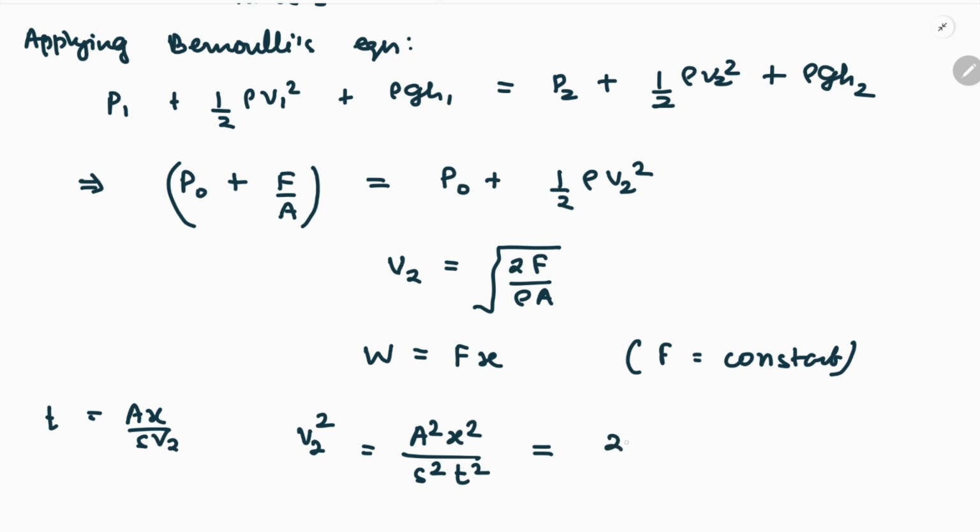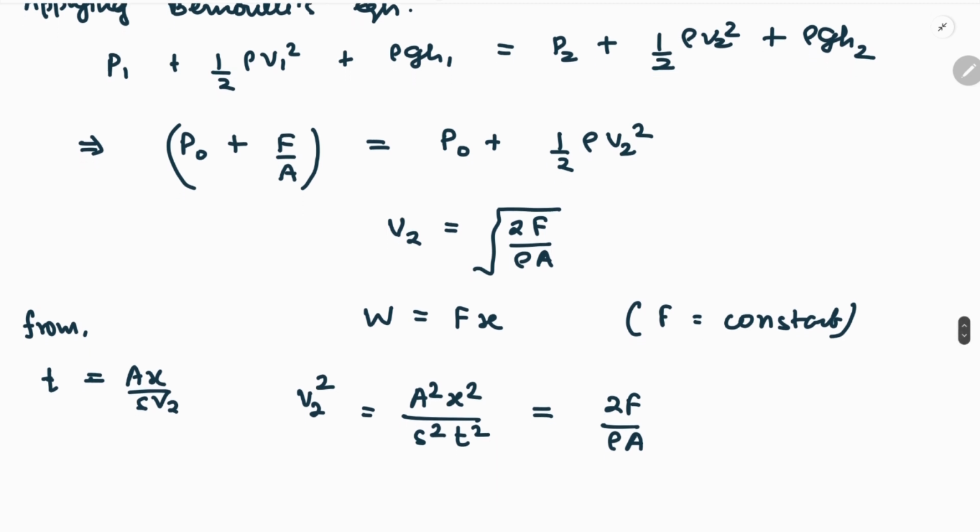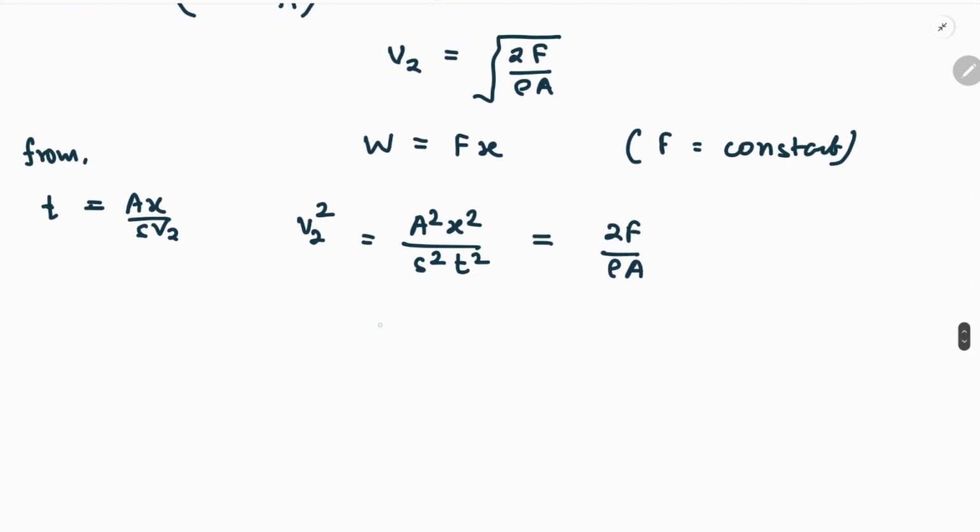So this can be written as 2F by rho A. From T equals AX by S V2, we can write V2, and then squaring V2 we obtain this expression, and hence from here we write F equals rho A cube X square by 2 S square T square.